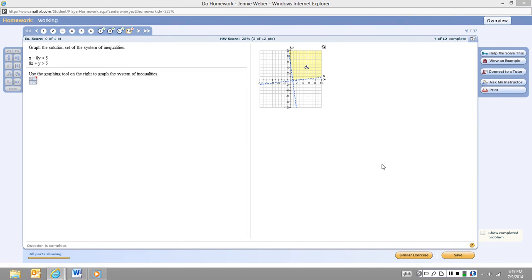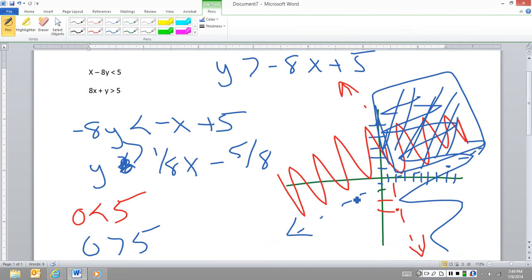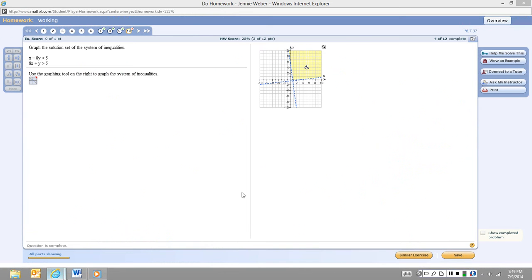Obviously I had some trouble with the graphing tool. I was having to go back in and put in the little point. I had to find all the different points so I could get to the right one. The one issue is that when I graph this by hand, the 5/8 didn't bug me. When I come over here to do it in this, it has some major issues with it. That's just something with MyMathLab.